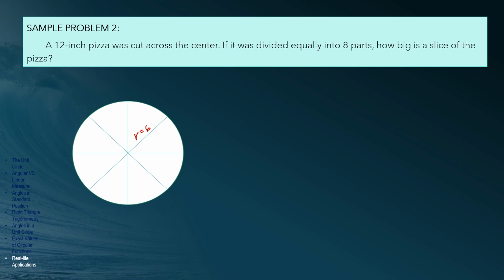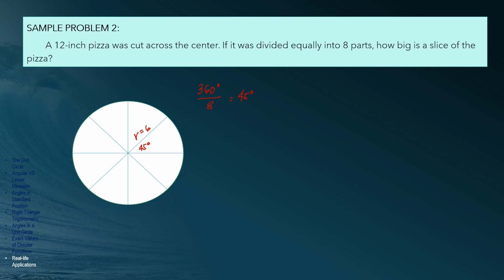Now, one full rotation is 360 degrees divided by 8. Okay, we can use a calculator for a shorter process. So that would be 45 degrees. Okay, so that means each angle is 45 degrees.